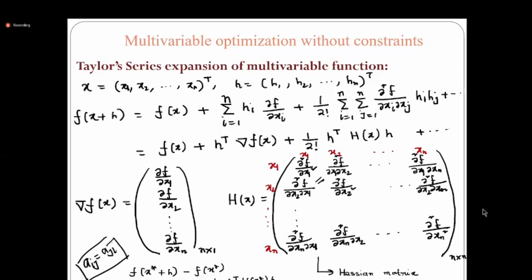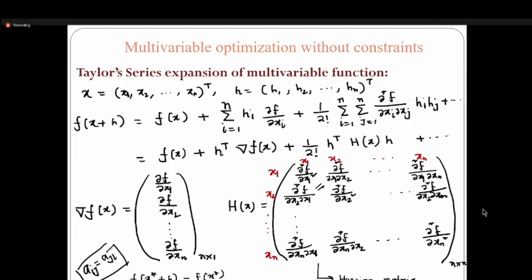So the sign of h transpose, Hessian matrix at x star, into h, if this is greater than 0, then the difference is going to be greater than 0. And if it's less than 0, then this is also going to be less than 0. So ultimately the sign will depend on this quadratic form, and the quadratic form's sign will depend on that Hessian matrix.